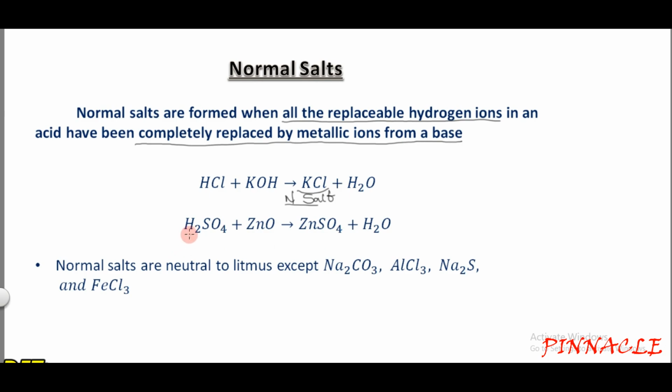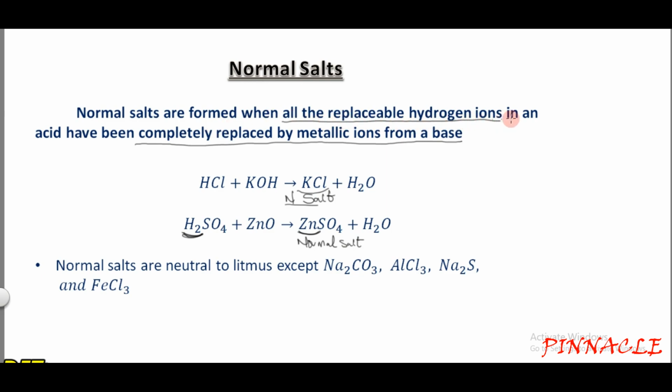So all the replaceable hydrogen ion in this acid, which are the two hydrogen ions, have been completely replaced by what? Zinc. By zinc ion to form zinc tetraoxosulfate(VI). So zinc tetraoxosulfate(VI) is an example of what? A normal salt.